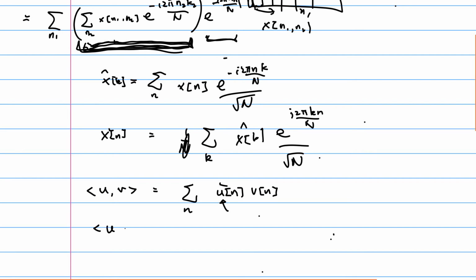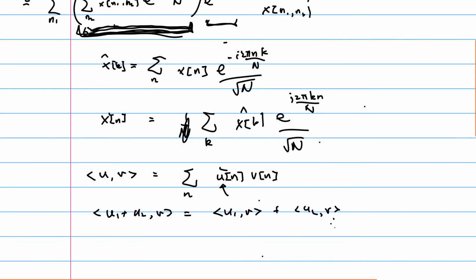For example, u1 plus u2 inner product with v is equal to u1 with v plus u2 with v, because it's linear, and also a times u with v is equal to a times u with v.